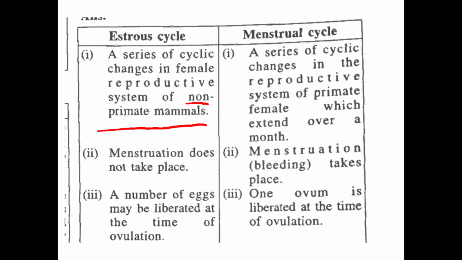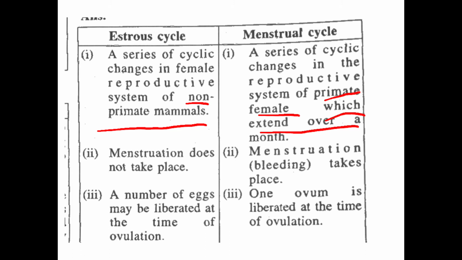It is a series of cyclic changes in the reproductive system of primate females which extend over the month. The cyclic discharge of blood, mucus and unfertilized egg is known as menstrual cycle.